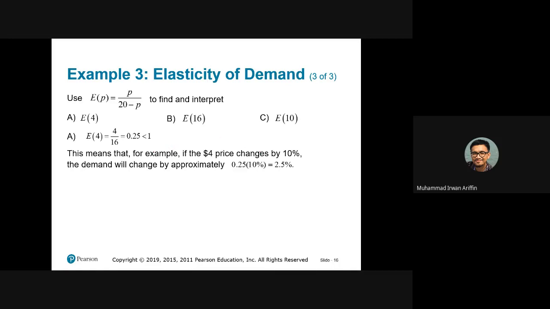Now, here your textbook slide uses 10%. The standard interpretation is to use 1%. So if currently the price is $4, and you increase the price by 1%, then demand X would go down by 0.25%.